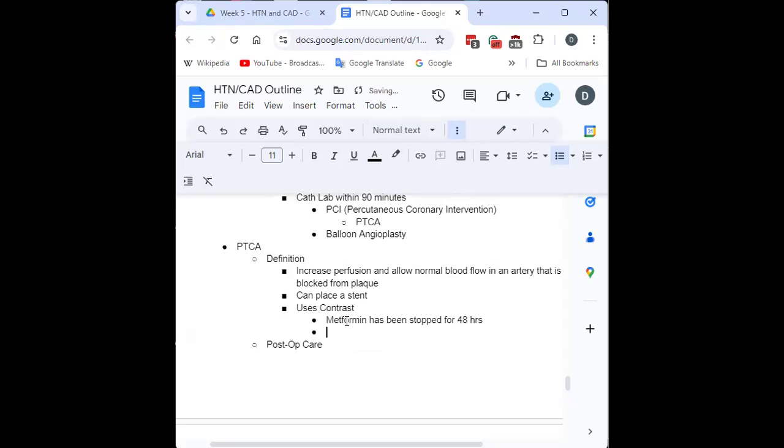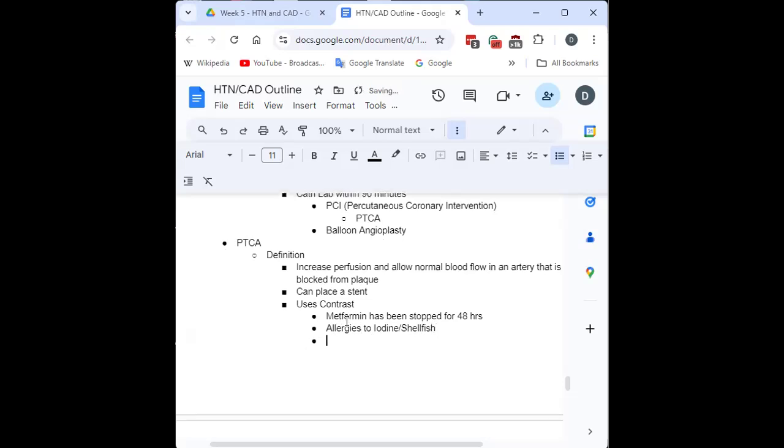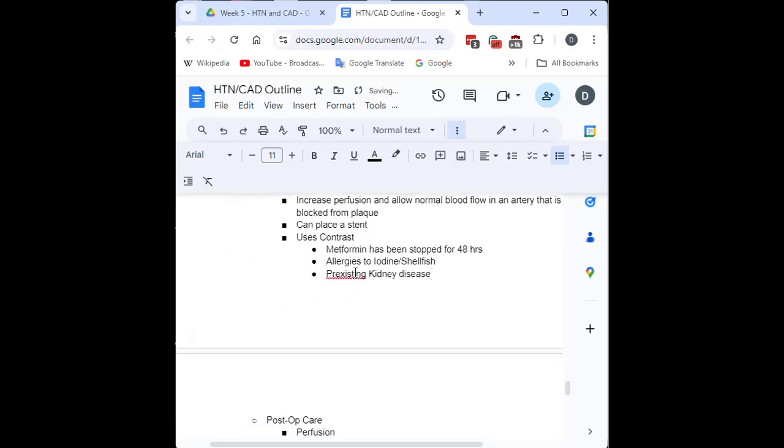The reason they ask about shellfish is because it has iodine. Kidney problems: does the patient have pre-existing chronic kidney disease, or do they already have an acute kidney injury? Is there something wrong where they can't flush all this contrast out and it gets stuck inside, or do we accidentally cause an injury to the kidneys with this?